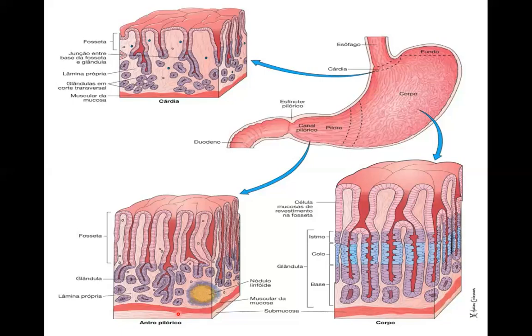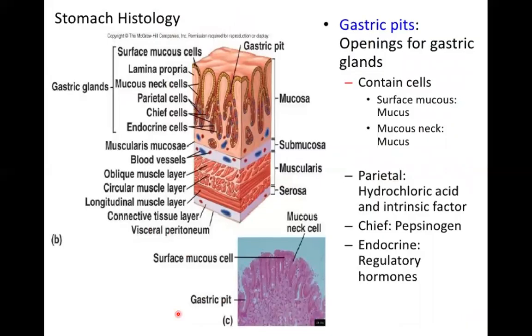Then after we go down from the submucosa, we come to the muscularis externa. The muscularis externa of the stomach also is unusual. It consists of 3 smooth muscle layers: inner oblique, middle circular, and outer longitudinal layer.